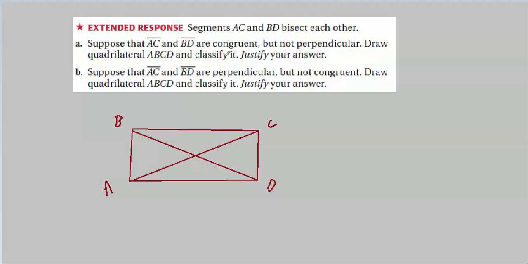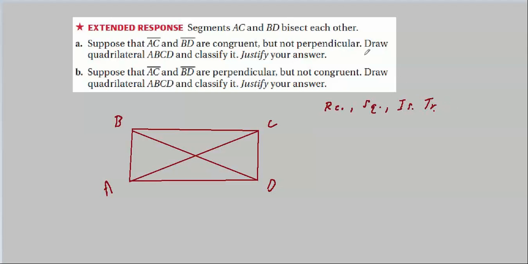So for congruent diagonals, what do we have? It could be a rectangle, a square, or an isosceles trapezoid.